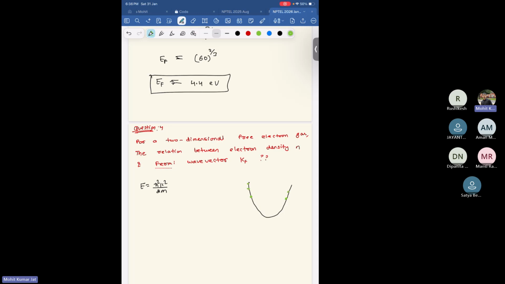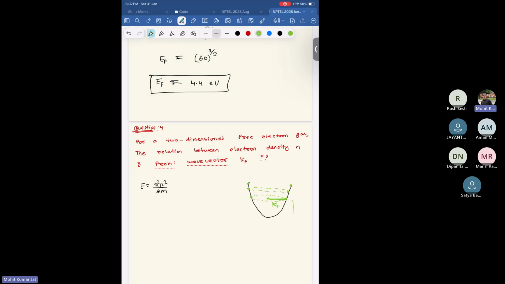I'm drawing in 1D because I can't draw it in 2D basically. But if you see, this Fermi surface wave vector will be like this. This area will be spanned like this, right? These circles, and kF is this one. This is the wave vector kF.